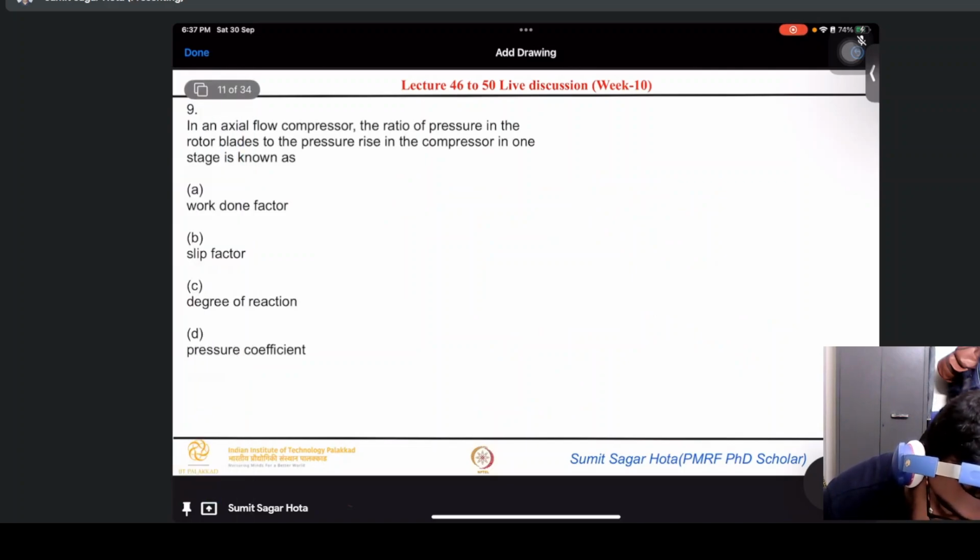In an axial flow compressor, the ratio of the pressure rise in the rotor blade to the pressure rise in the compressor in one stage is known as what?